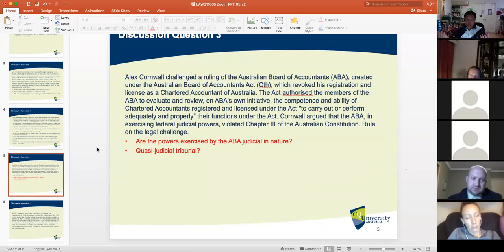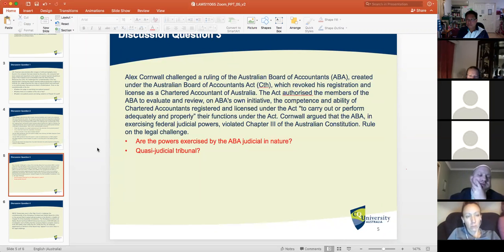Now potentially, if the Australian Board of Accountants Act Commonwealth provides that an application for review can be lodged with the Administrative Appeals Tribunal, then there is potential recourse for merits review on a question of merits or of the facts. But if a legal question is involved, then what would be involved is judicial review. And in that case, the body that would examine the actual controversy has to be a Chapter 3 court.